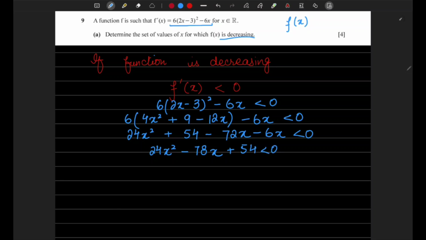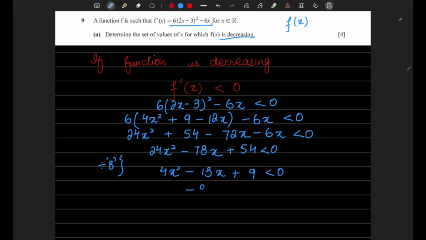Now simplifying this further, dividing the whole equation by 6, it becomes 4x squared minus 13x plus 9 less than 0. Now factorizing it, 4 nines are 36. Which two numbers when multiplied give 36 and added give minus 13?